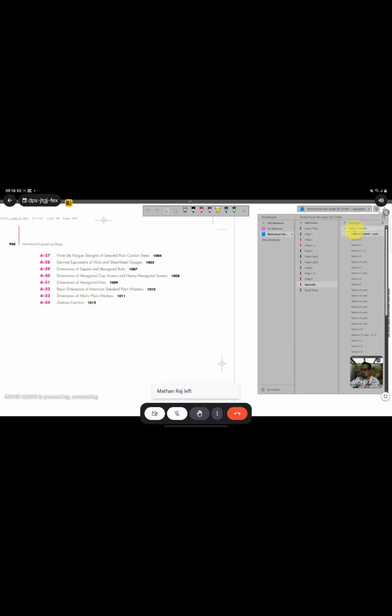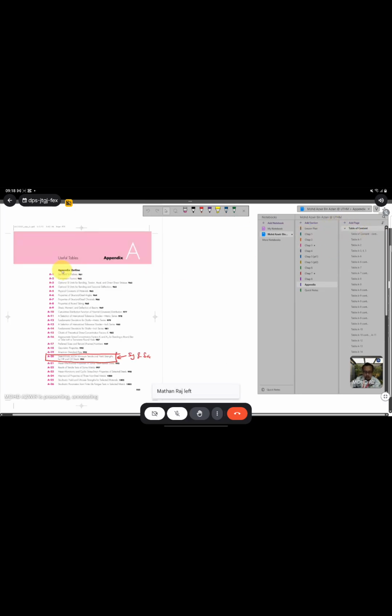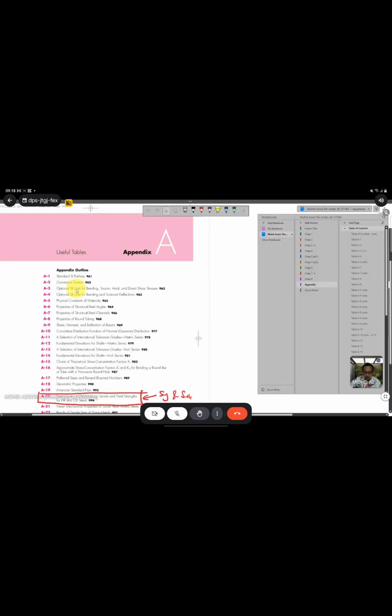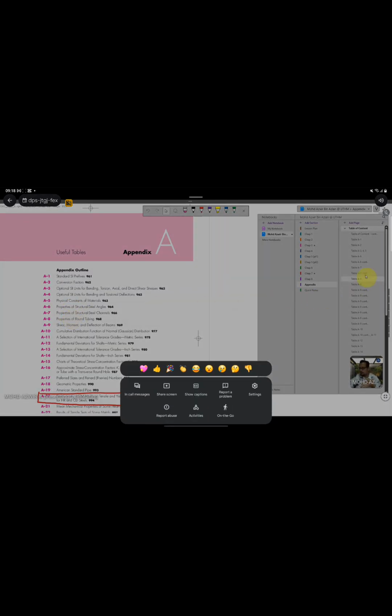What is second moment? SI, option SI, physical constant, properties of structure, steel angle, properties of structure angle, steel beam, maybe A7.